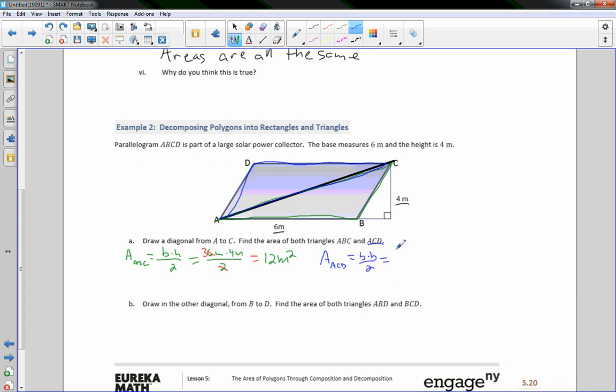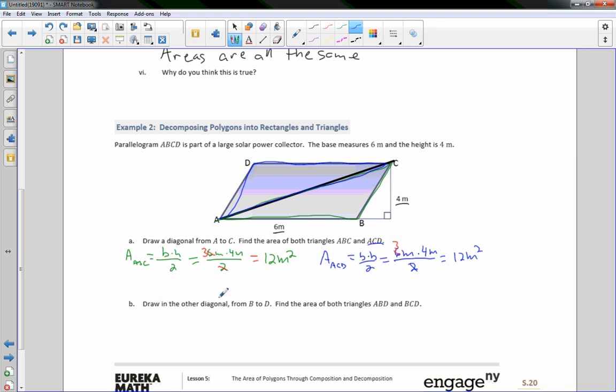The base is 6 meters times the height 4 meters divided by 2. Again, we're going to reduce this 6 to 3. And that cancels the 2 as well. And then 3 times 4 is 12 meters squared. So both of these rectangles, or this rectangle broken into 2 triangles, both the triangles are 12 meters squared.